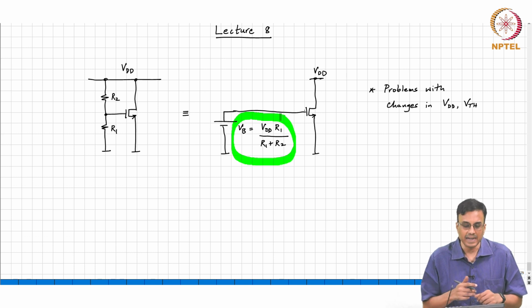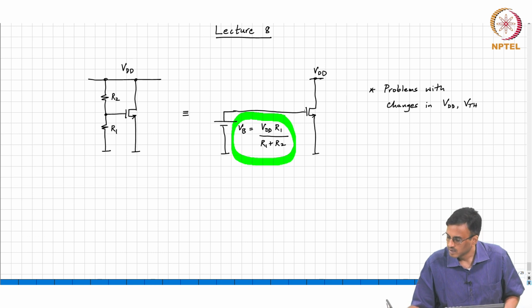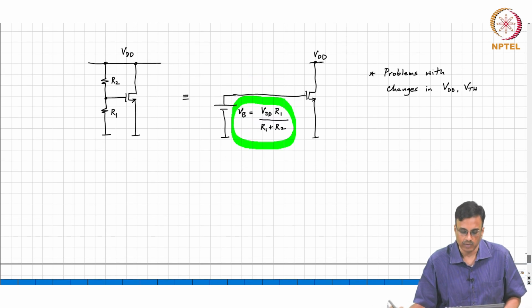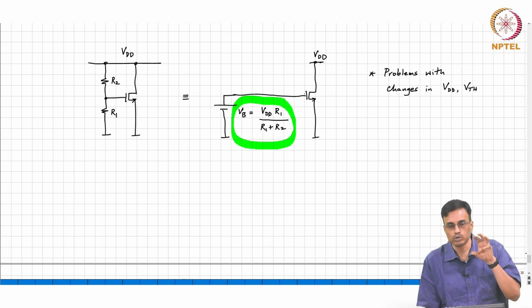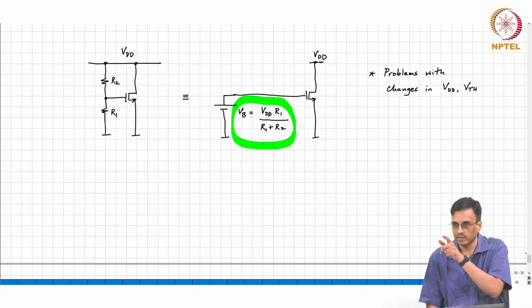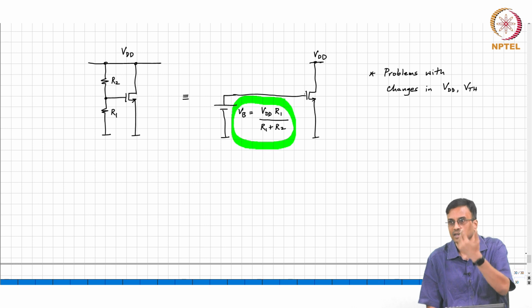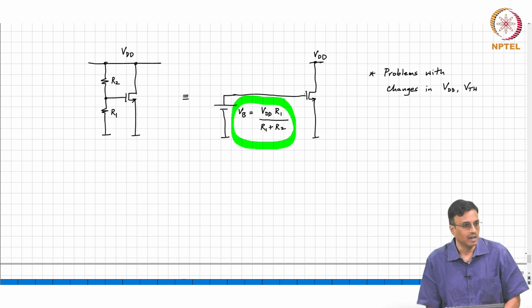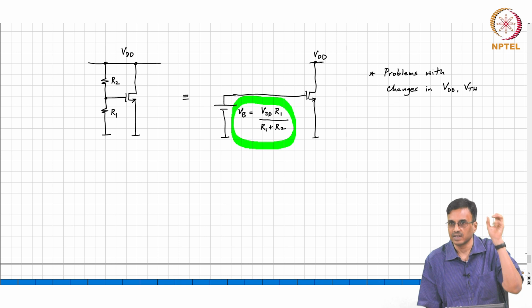So, basically the question we need to ask is the reverse of what we have been doing so far. So far what have we been doing? We are saying here is a MOSFET whose properties are known. I apply a voltage Vb, tell me what the current is. Now we have got to ask the reverse question, namely I want a current which is, I do not know, maybe 100 microamperes, 200 microamperes, whatever. I need a current Iref flowing through the drain.